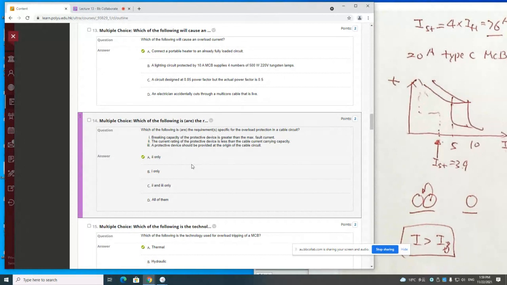The other choices are basically not overload current, for example, a lighting circuit protected by a 10 ampere MCB supplying 4 numbers of 500 watt, 220 volt testing lamps. If you know A, you don't need to worry about the others. Certainly A is the answer.